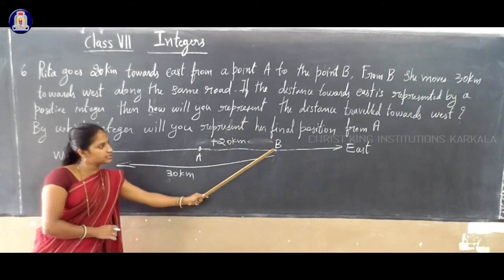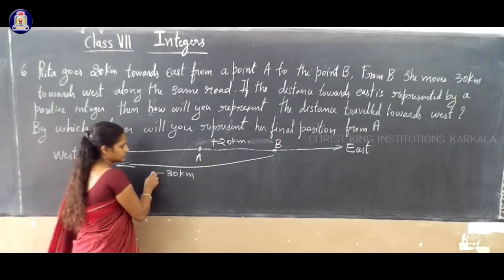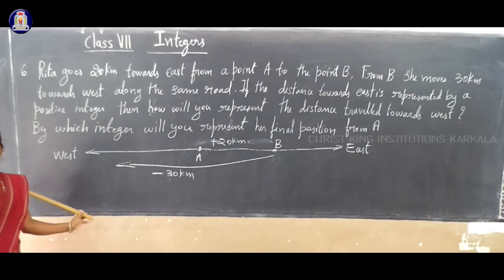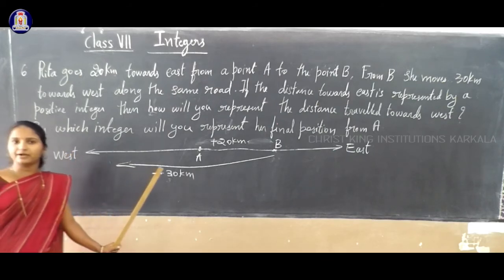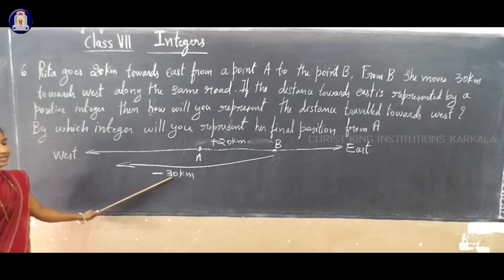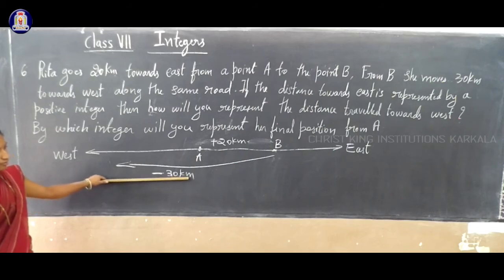Clear? Similarly next from B to west direction she will travel minus, because this will be represented by negative integer, right? Distance traveled towards west is represented by negative integer. Clear? So that will be represented by minus sign. So we will write here minus 30 kilometer.